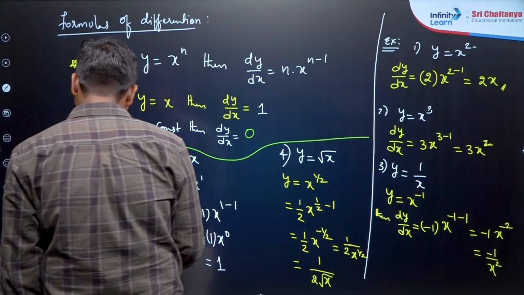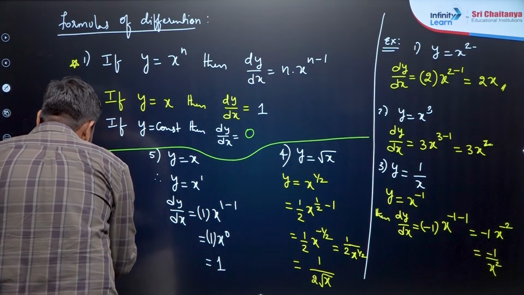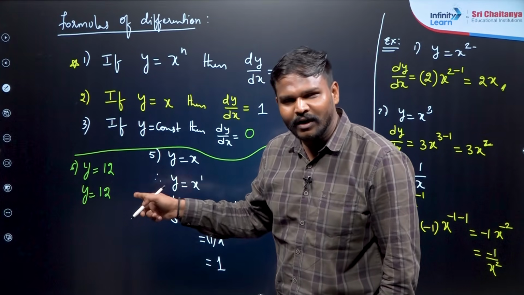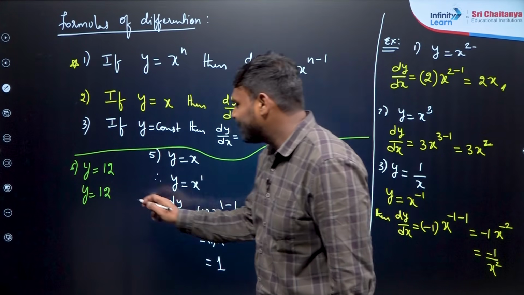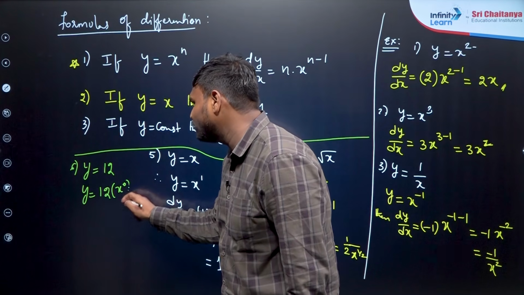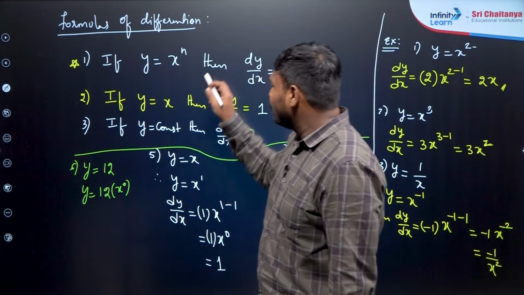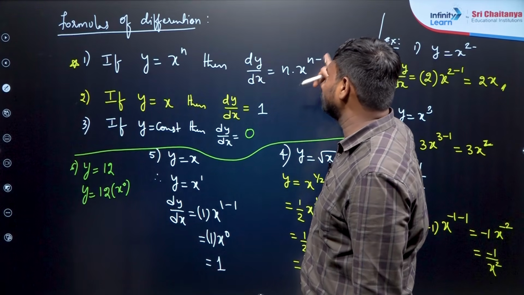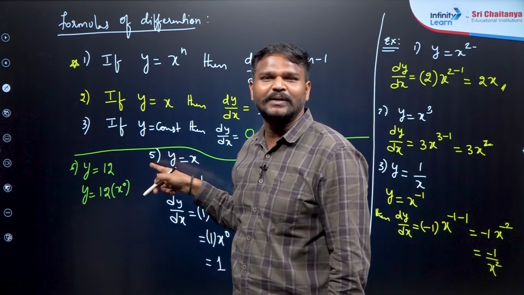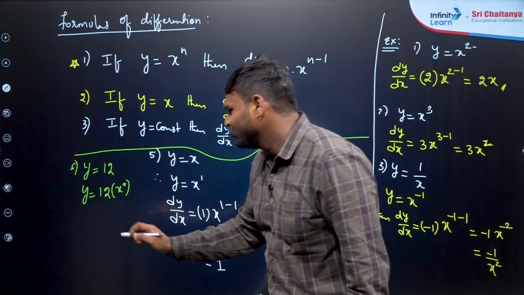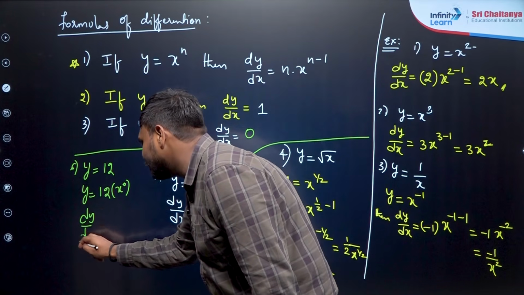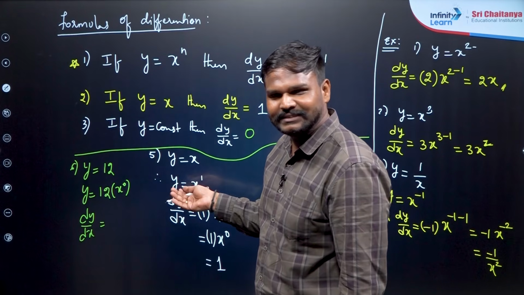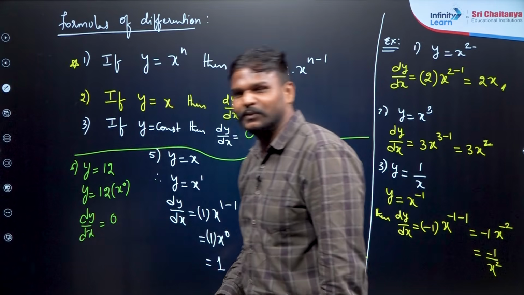Because there is no independent variable, we can write 12 into x power 0. After the derivative we will multiply n into x power n minus 1, so 0 into x power 0 minus 1. Anything multiplied by 0 is 0.